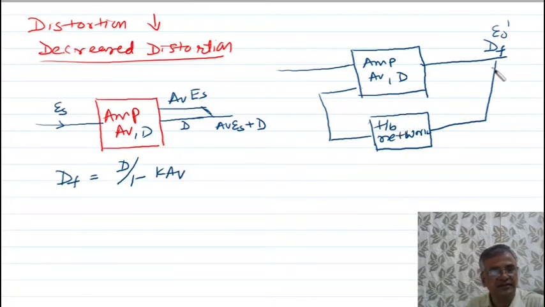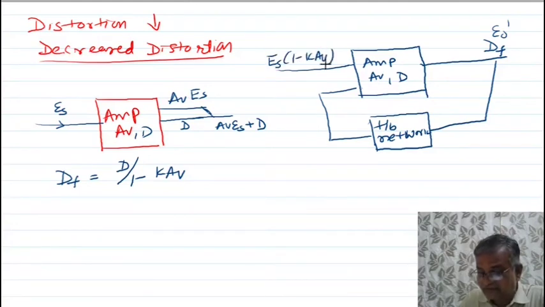To compare them, the output of both should be equal. But due to the feedback, the gain of the amplifier decreases by 1 minus KV times. If you want the same output, then either the input signal increases by 1 minus KV times, or the gain of this amplifier increases by 1 minus KV times. You have to do any one of these.